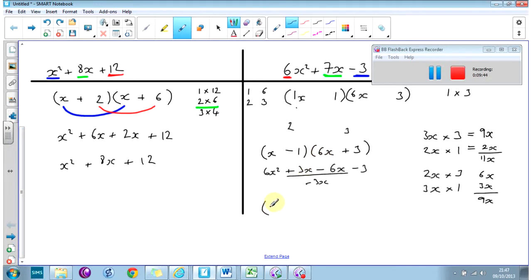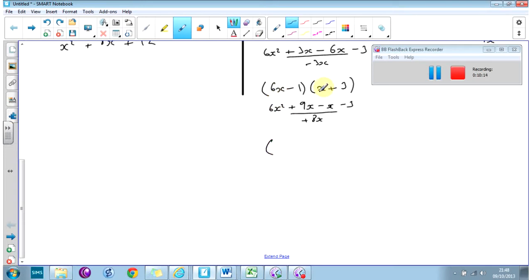Now remember, we can try them the other way around. 6x minus 1 and x plus 3. So I've done the same thing the other way around. And this time I've still got my 6x squared. This time I get my 6x times my 3, so that's positive 9x, and then minus 1x, minus 3. And this time the two middle terms give me positive 8x. Well, it's closer, but it's still not 7x. So we carry on.